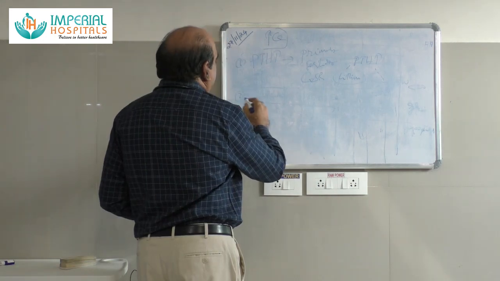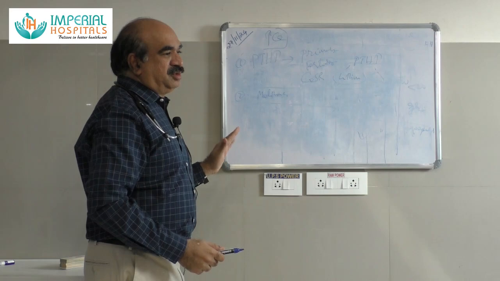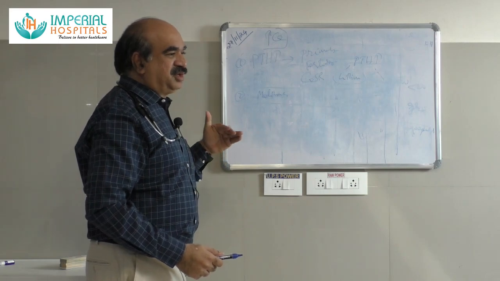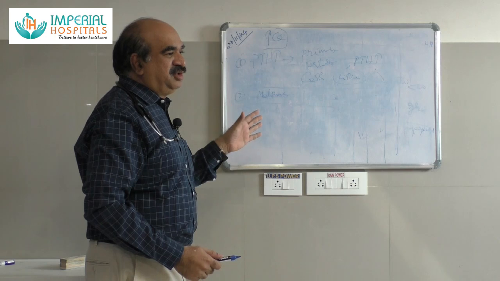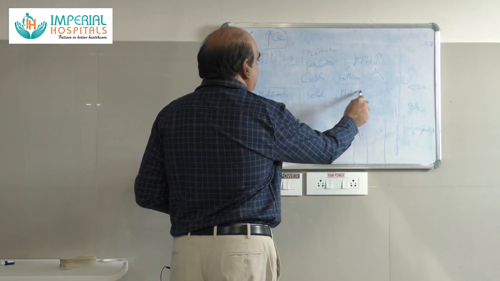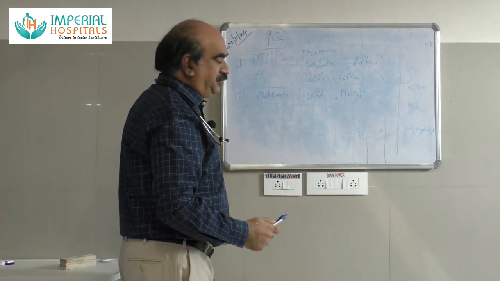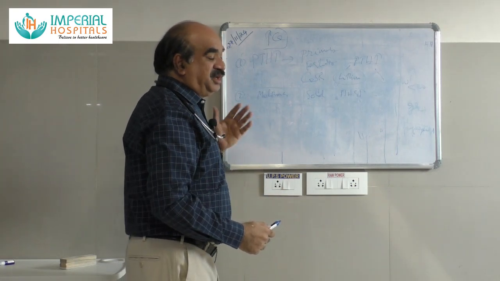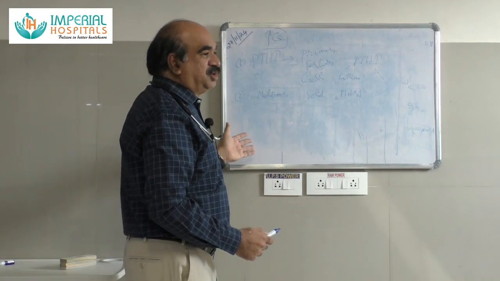And the second mechanism is hypercalcemia of malignancy. So there will be increased PTH-RP, PTH related peptide secretion by many solid tumors. It acts like PTH. Or there will be osteolytic metastasis, mainly myeloma, even breast carcinoma.